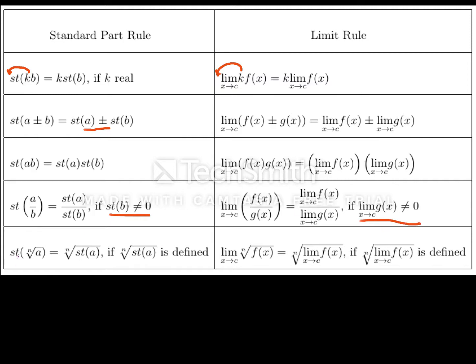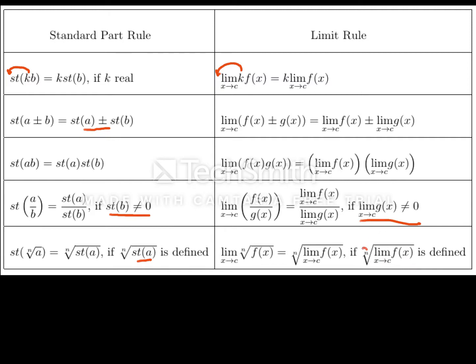And standard part can pass through into the radical, provided that, if n is even, really the key is that this thing has got to be positive. Same goes here, that the limit can slide right into the radical, again, provided this radical is defined.